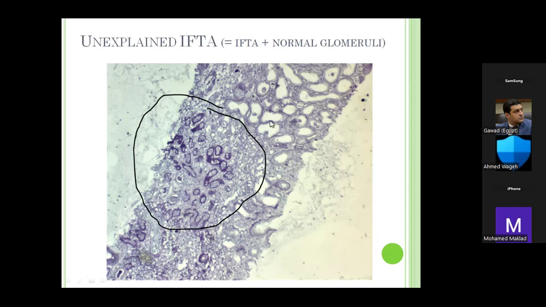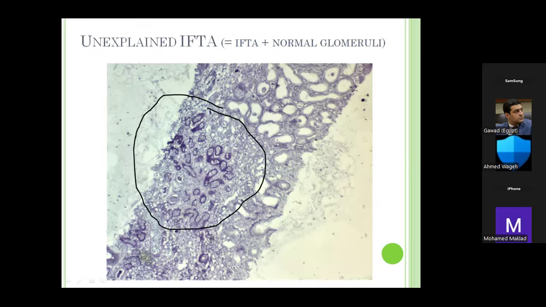And if you compare these tubules with these tubules, you can see that these tubules are of smaller diameter, thicker tubular basement membrane, and separated from each other. So this is an area of interstitial fibrosis and tubular atrophy. Otherwise, the glomeruli for this biopsy were normal.